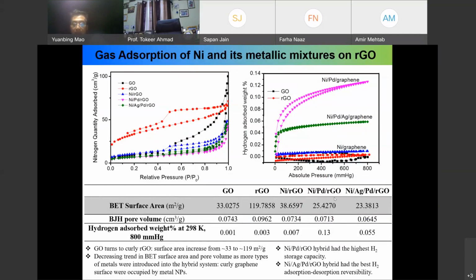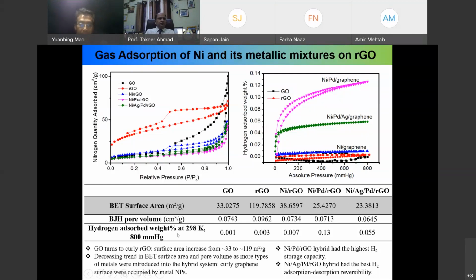And then for the hybrid RGOs, those numbers get back to small values. That is because of the extra step, which decreases the surface area. And you can see the pore volumes are more or less the same.